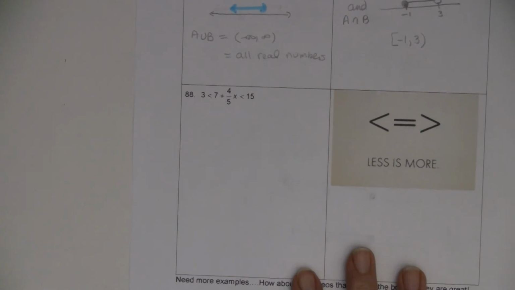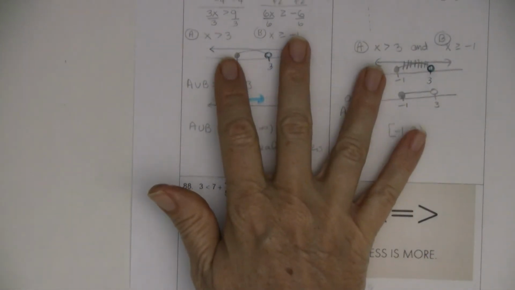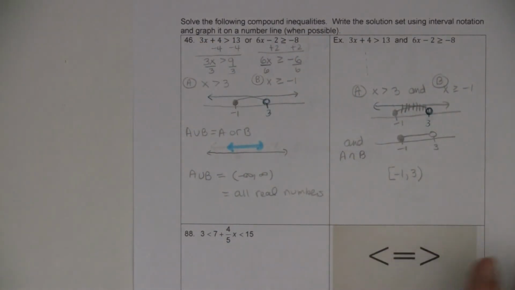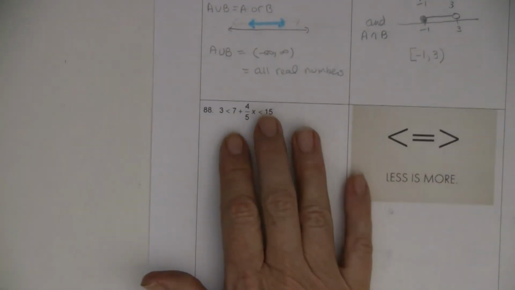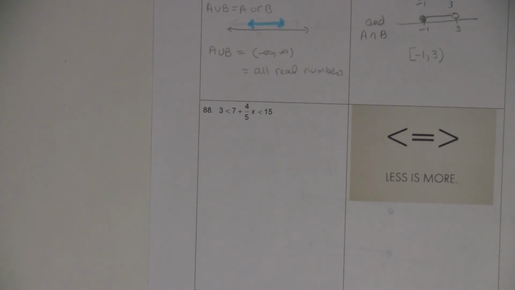So this one is a compound inequality that's written in one statement, whereas these are compound inequalities written with 2 statements, with an or or an and in between, and an or is different than an and. This one actually is saying and, when they write it together in one statement.